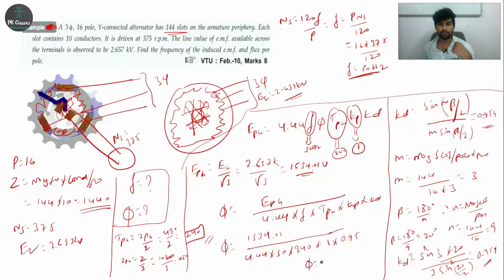Finally, flux is equal to 0.03 Weber. Just use a calculator, numerator divided by denominator, put brackets, and directly you will get the answer 0.03 Weber.